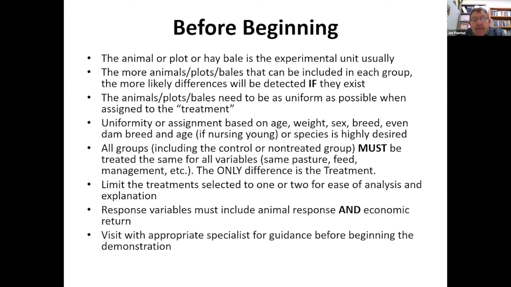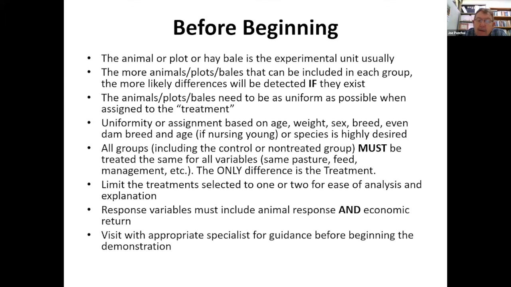So in livestock demonstrations, the animals are not uniform. They're all genetically different. They all respond to the environment differently, and so as a result, anything that we can do to minimize the impact of that genetic variation on whatever it is that we're looking at is very, very important.